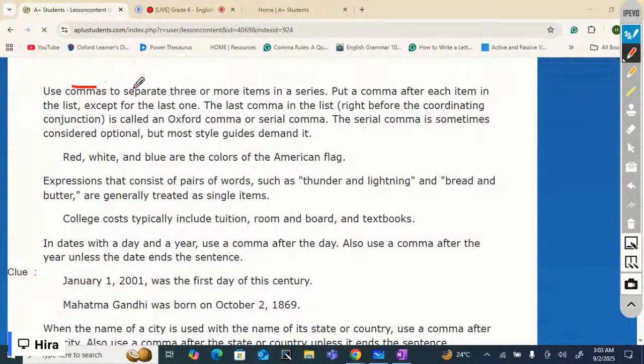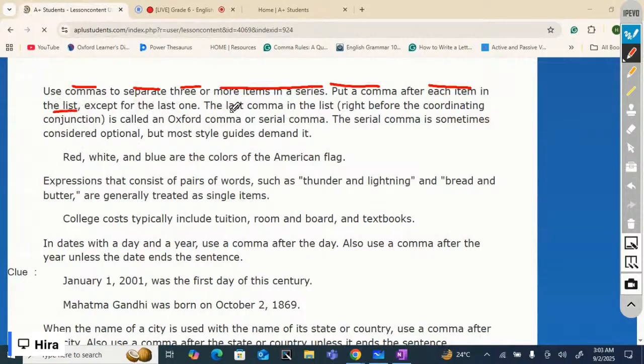Commas separate three or more items in a series. When we mention three or more items in a series, we use commas to separate them. Put a comma after each item in the list except for the last one.